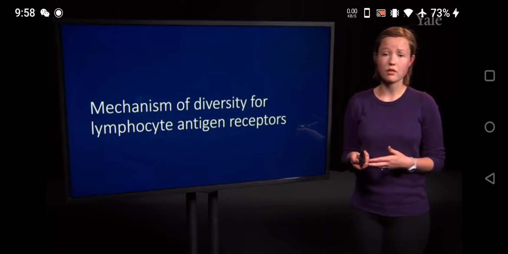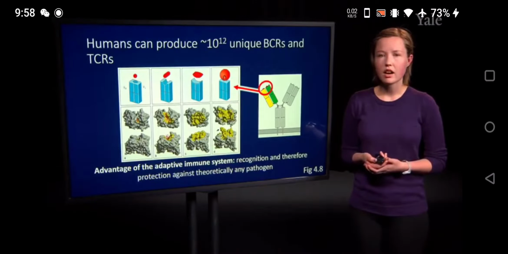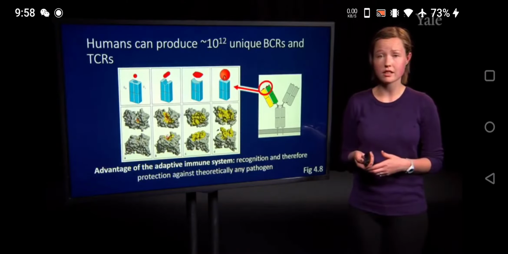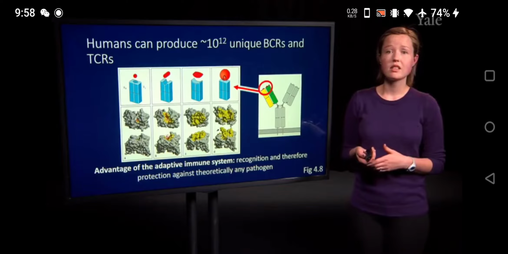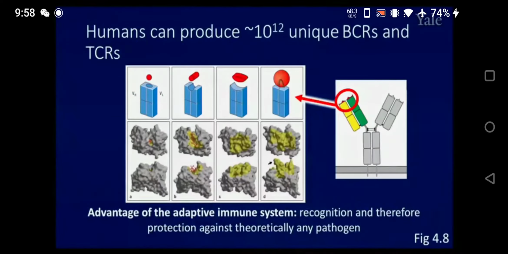The thing that is really unique about the adaptive immune system that's not present in the innate immune system is this diversity, like I had mentioned before. So humans are actually able to produce up to 10 to the 12 different BCRs and TCRs. So this is extremely diverse in the repertoire of B cell receptors and T cell receptors that can be produced.